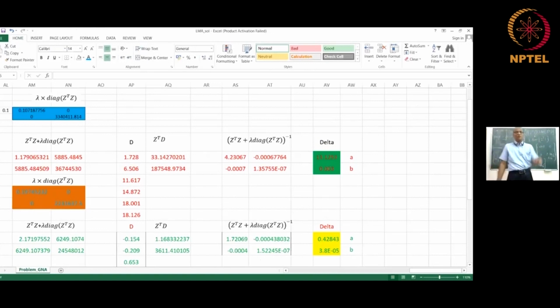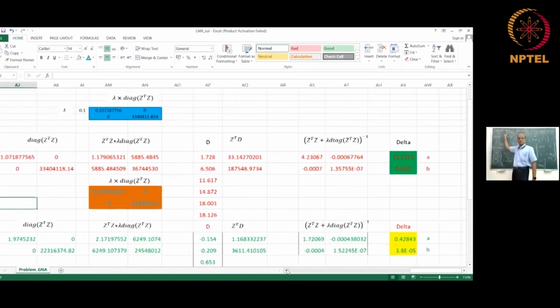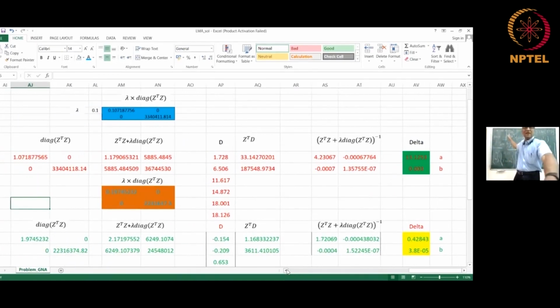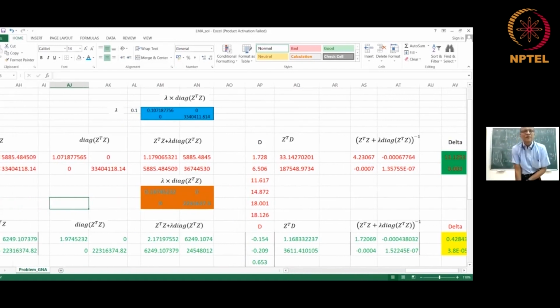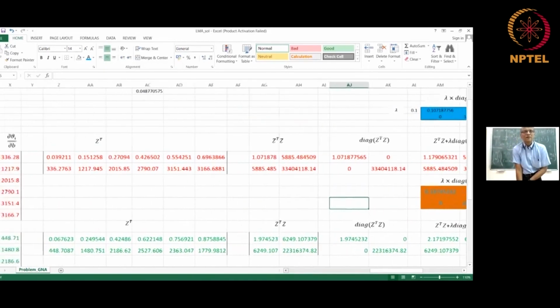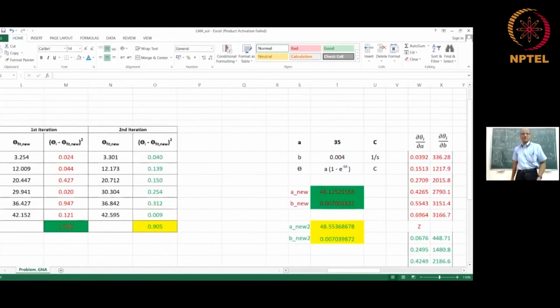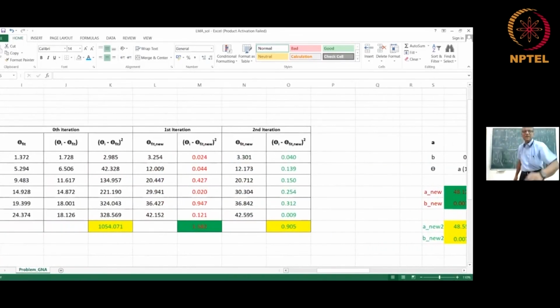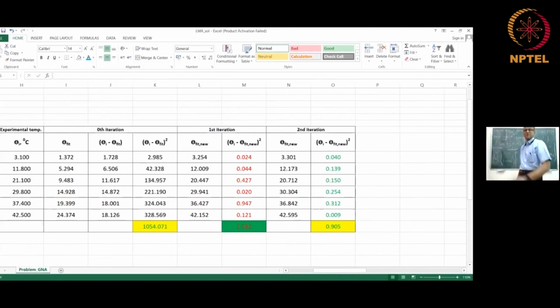Now, nice work of Suraj. The lambda diagonal of this he wrote already. So the first iteration. Show the right side, the values.